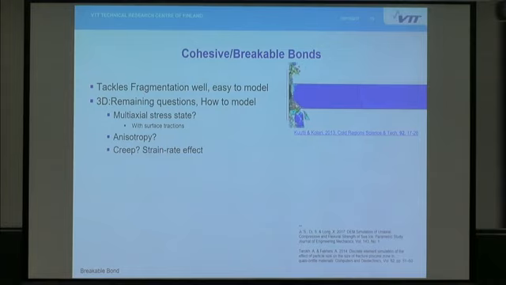With a multi-axial stress state, ice behaves differently than in a uniaxial stress state. So how can we model a multi-axial stress state using traction separation? I couldn't figure it out, and I think it cannot be done. And the second thing was that if we have many elements randomly together, how could we model anisotropic behavior? I don't know. It might be possible, but it must be really difficult.